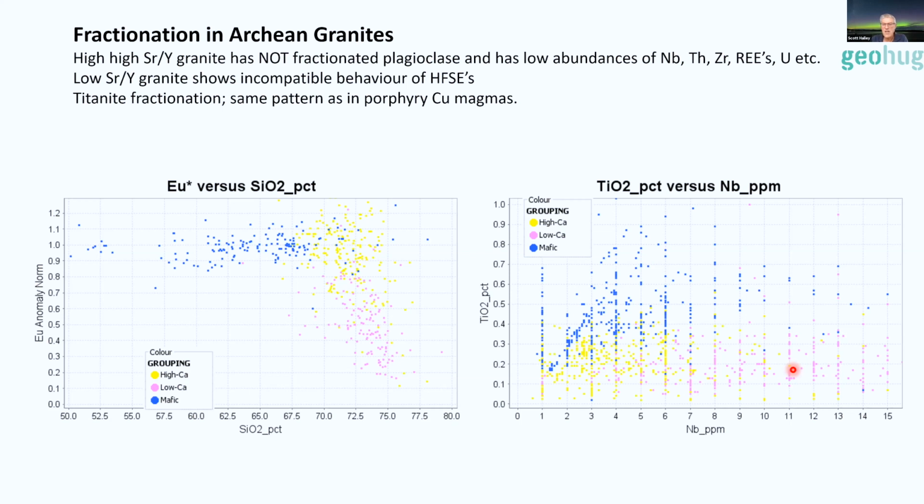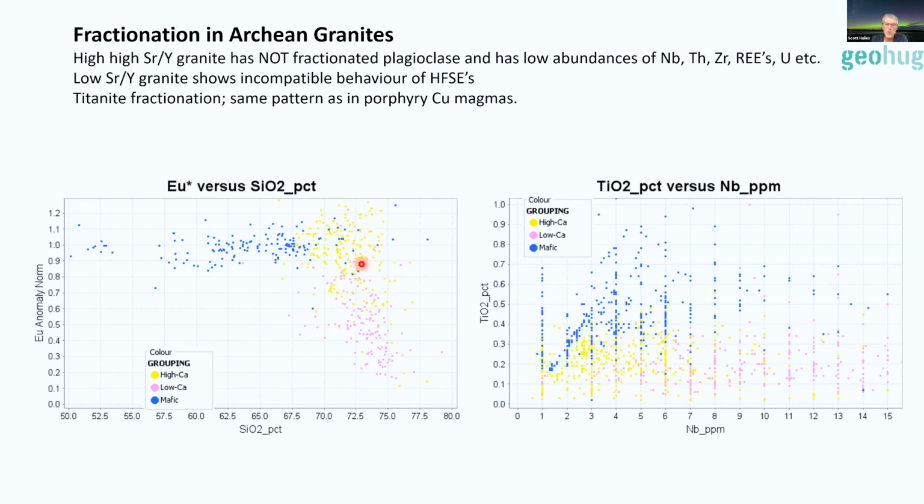And that is the high calcium granites or the high calcium magmas where the high pressure and the high water content has suppressed plagioclase crystallization. Those things, because they're high calcium magmas, the high calcium content enables titanite to crystallize. And I should have mentioned before, titanite is calcium titanium silicate.